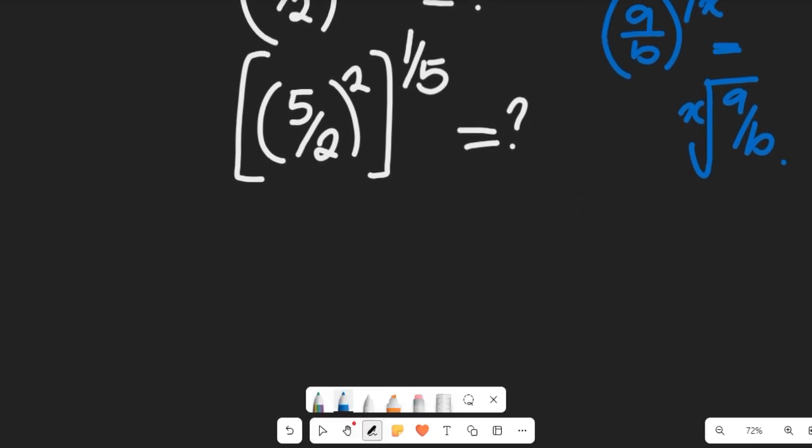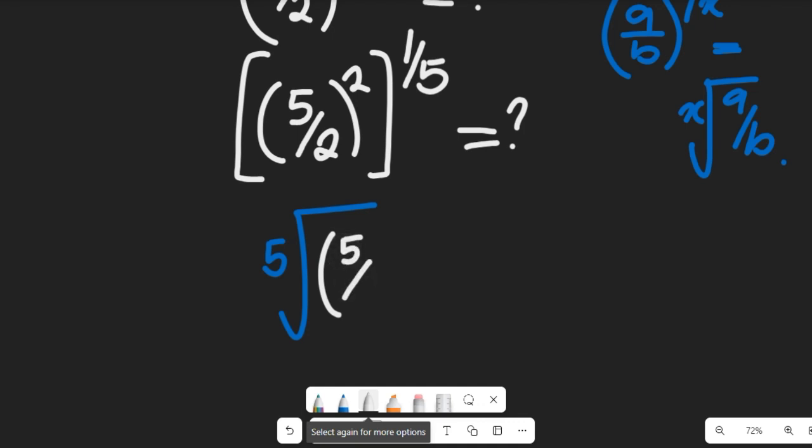The fifth root of that expression will give me the fifth root of 5 divided by 2, squared. I did not change anything because both of them carry the square. So what will this expression give me?